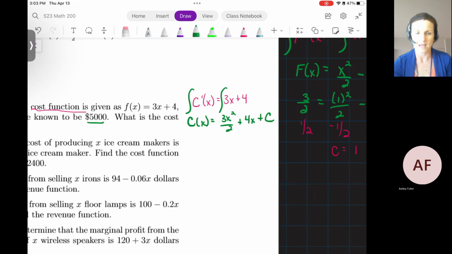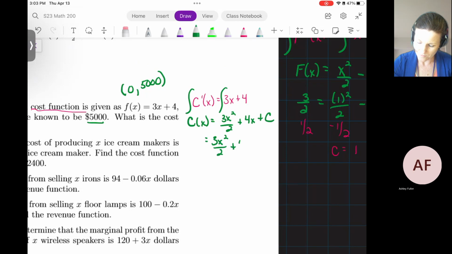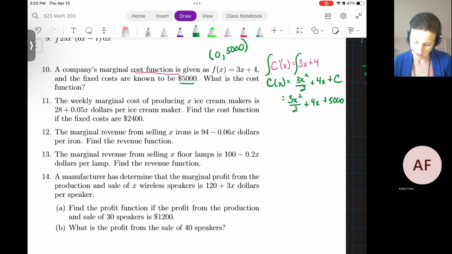But we're told in this case that the fixed cost is 5,000, which can be translated into 0 items is a cost of 5,000. And so we end up with a final equation of 3x squared over 2 plus 4x plus 5,000. It's important to know these terms like marginal cost, marginal revenue.